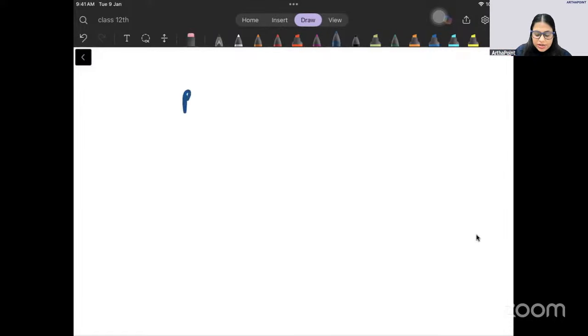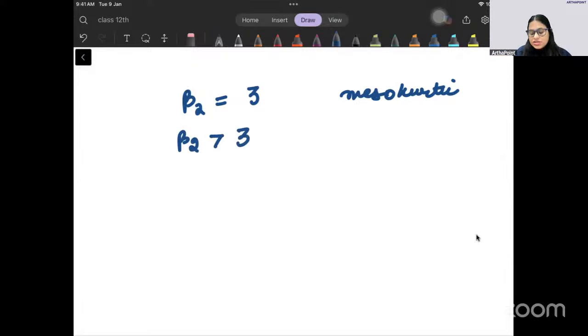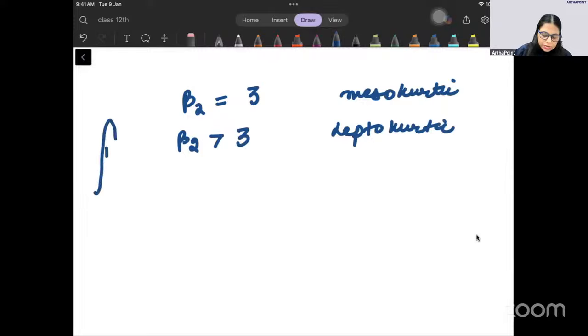If beta 2 is 3, then it's called mesokurtic. Mesokurtic means it looks like a normal data set, normal peak. When beta 2 is greater than 3, then we say it is leptokurtic. Leptokurtic means high and sharp peak, right?